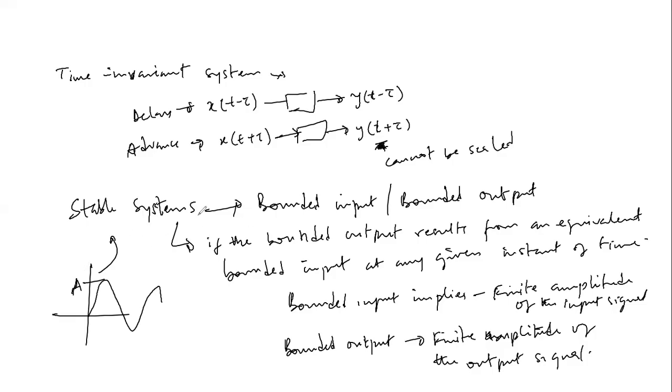How about an unstable system? It's a stable system, right? How about an unstable system? An unstable system is a system that is not bounded input, bounded output.